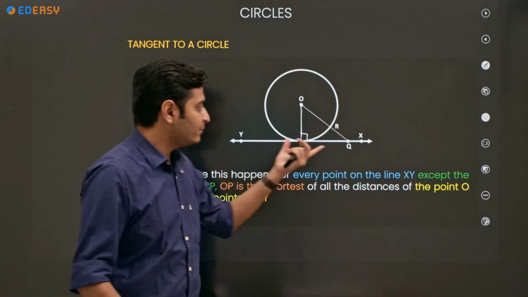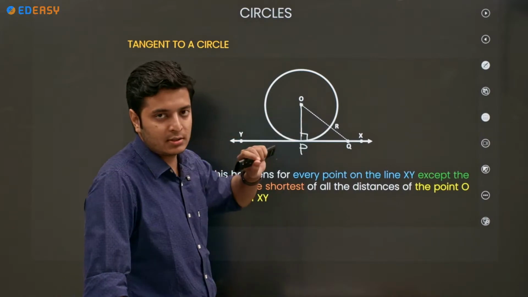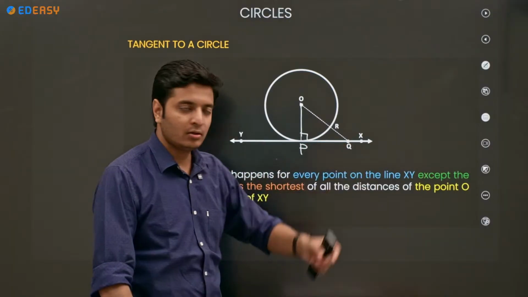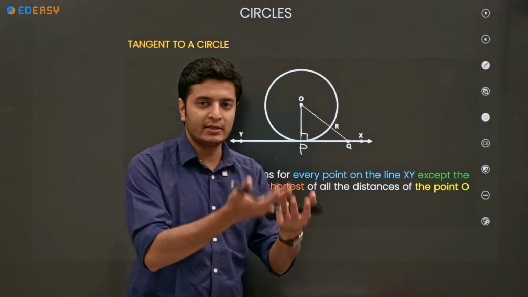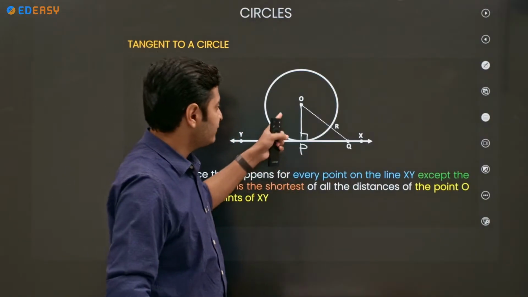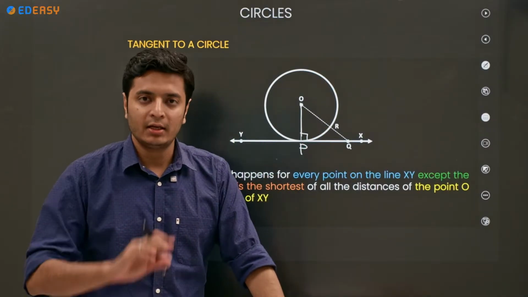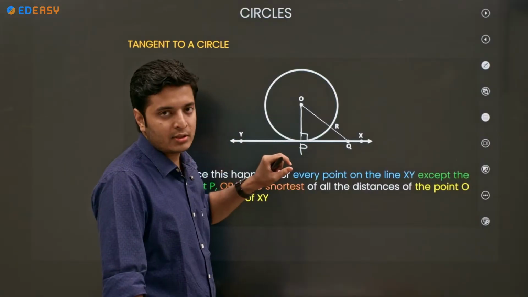So the same concept we are applying here. Somehow we are proving that OP is the shortest distance. How? You can consider any point which is lying on this line XY. It will always be lying outside this circle. So it means that it will never be lesser than any radius value, correct? So it means that OP is the shortest distance.